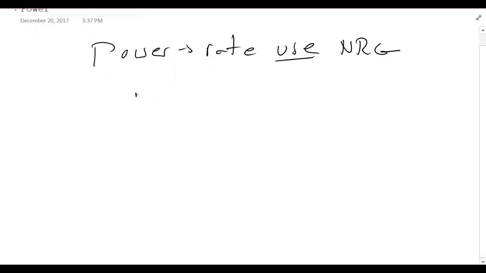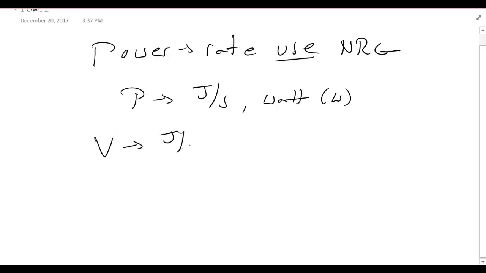The unit of power is joules per second, which we call the watt. What's interesting in circuits is that we can actually derive the watts from the other units we've already seen. If you recall, voltage is a joule per coulomb.